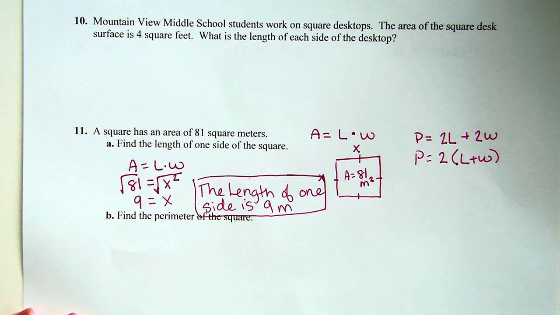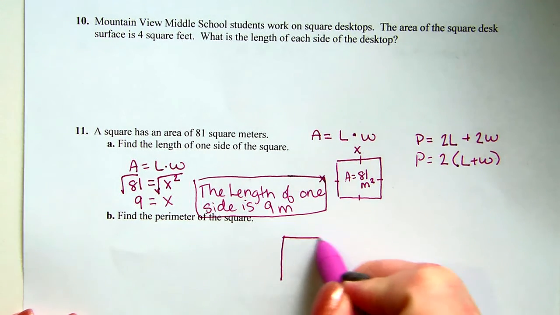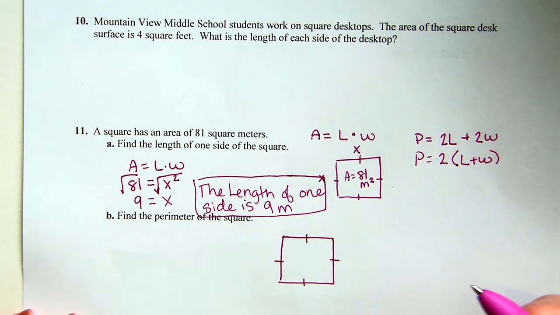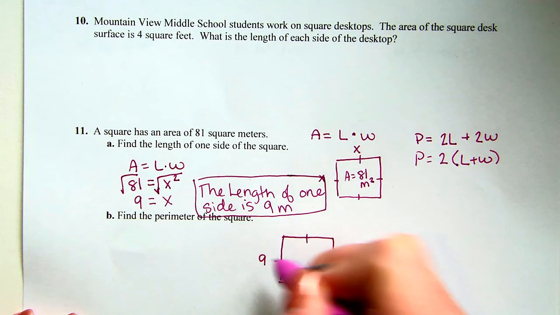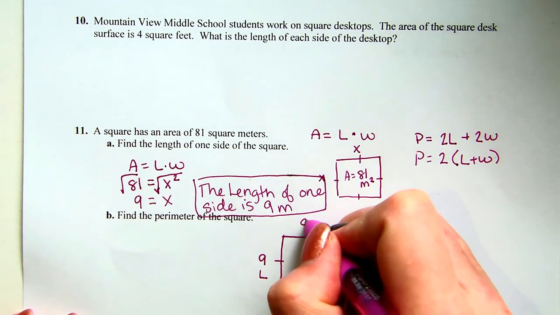Next, we have the perimeter. If we know in our figure that each side is 9, and again, each side is 9 because it's a square, and a square has 4 congruent sides. So I have 9 there. I'm going to call this my length, and 9 here, that's my width.